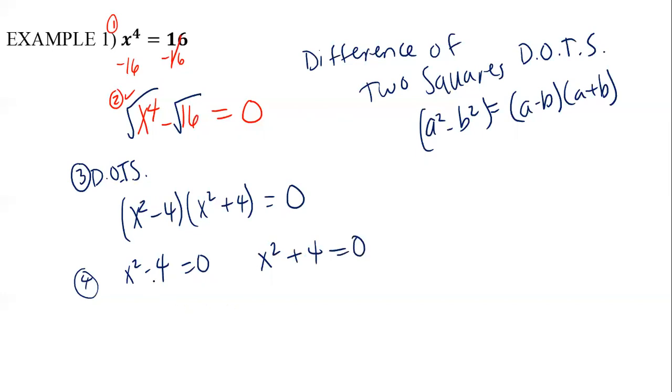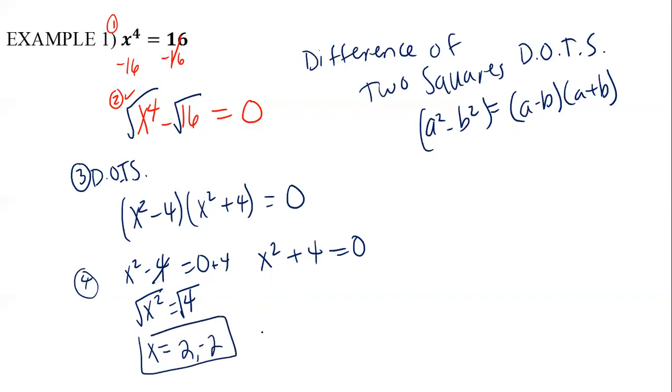So I add 4, and I get x squared equals 4. I take the square root. So x equals positive 2 and negative 2. So we're just simplifying it all the way down. You're solving. All right, plus 4. I'm going to subtract 4.